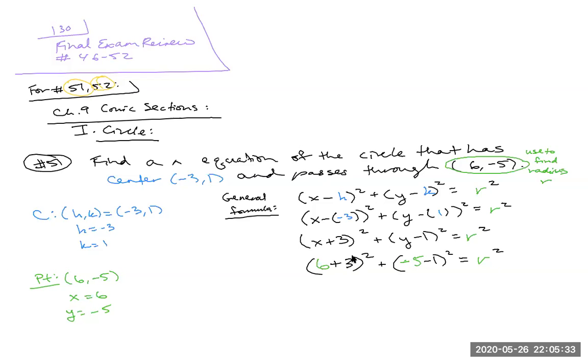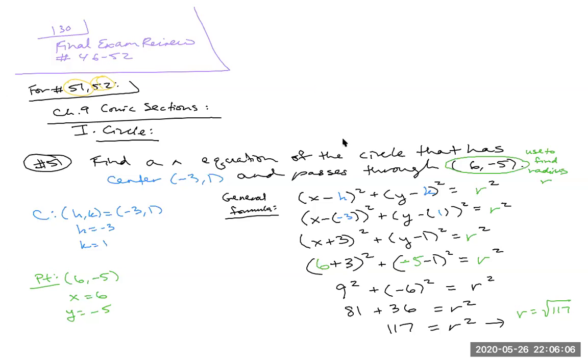So simplify. You have 9 squared plus (-6) squared. Very important to put parentheses there. That's 81 plus 36 equals r squared, so 117 equals r squared. Technically, your radius would be the positive square root of 117 since it's a distance. But remember, we were asked for the general formula.